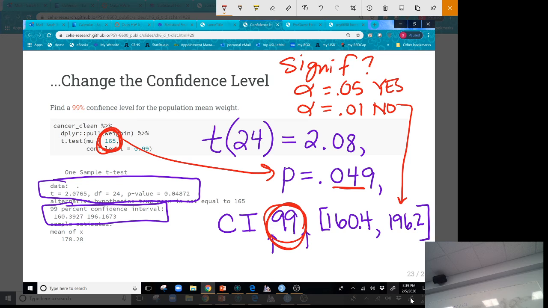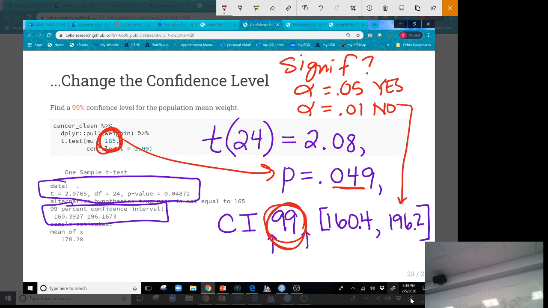Now, in this one, for illustrative purposes, to practice, you were asked to do a 99% confidence interval. Usually in a publication, we pick one or the other, and almost always, which alpha do we use? 0.05. So usually in your methods section, you write a sentence like, a significance level of 0.05 was used throughout unless otherwise stated.